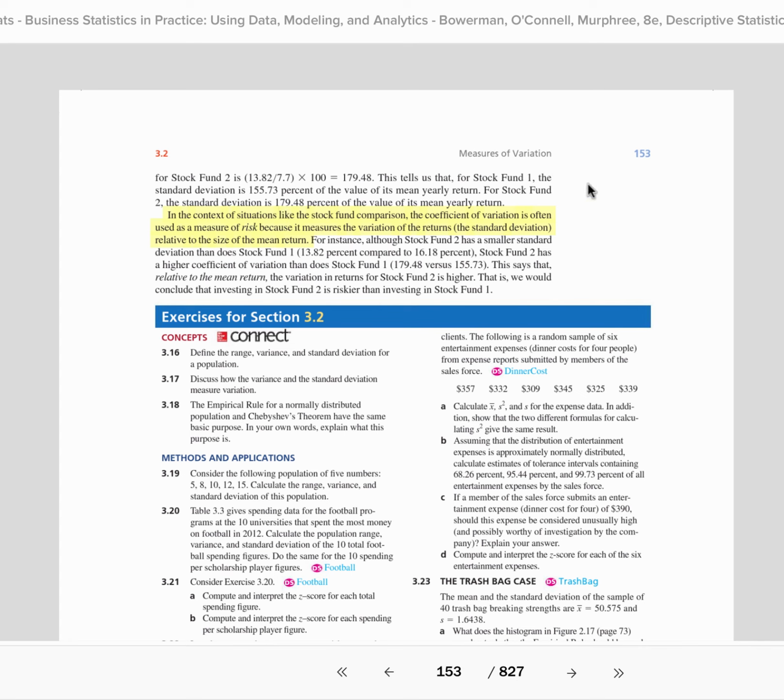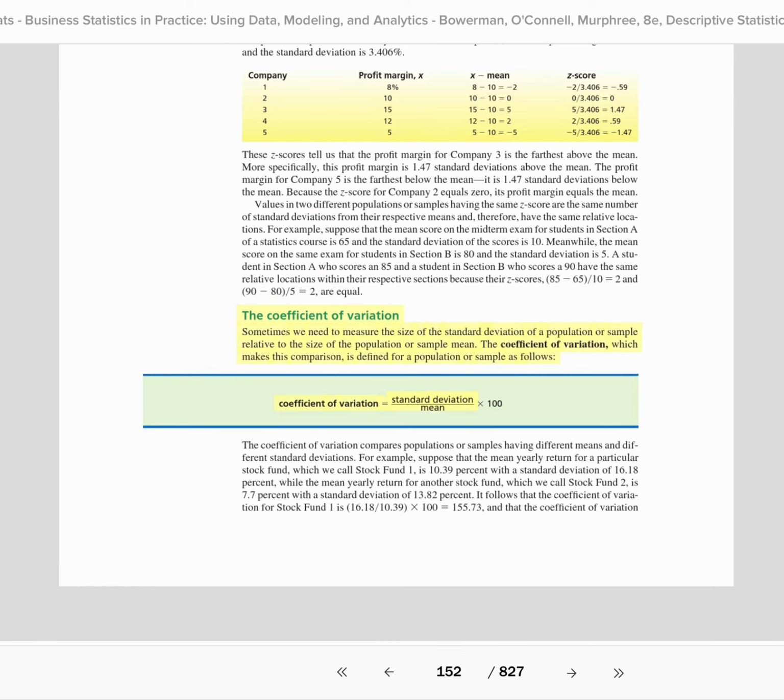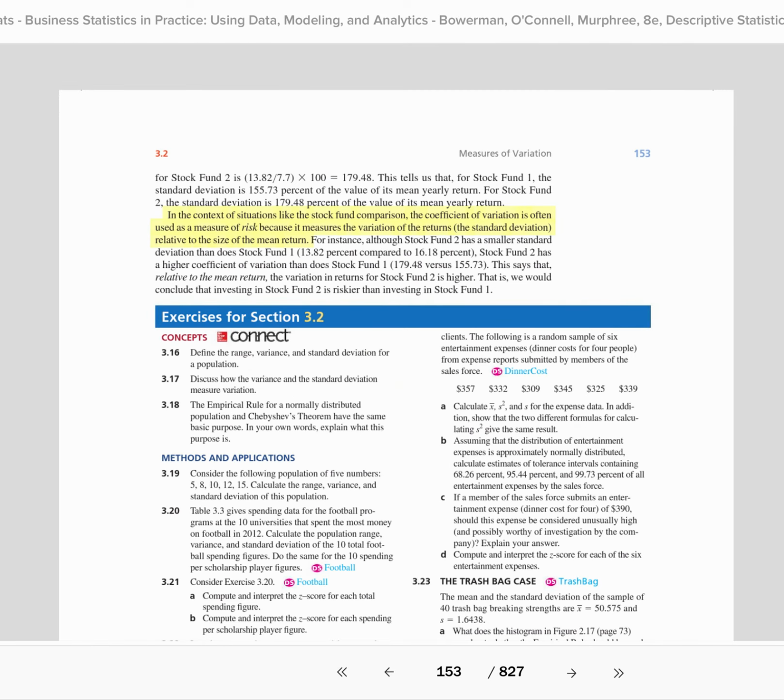And the conclusion here is that there is a lot more variation in the second fund compared to the first one, so it's much riskier to buy stocks in Fund 2 compared to Fund 1. So here you are measuring the risk in funds using the coefficient of variation.